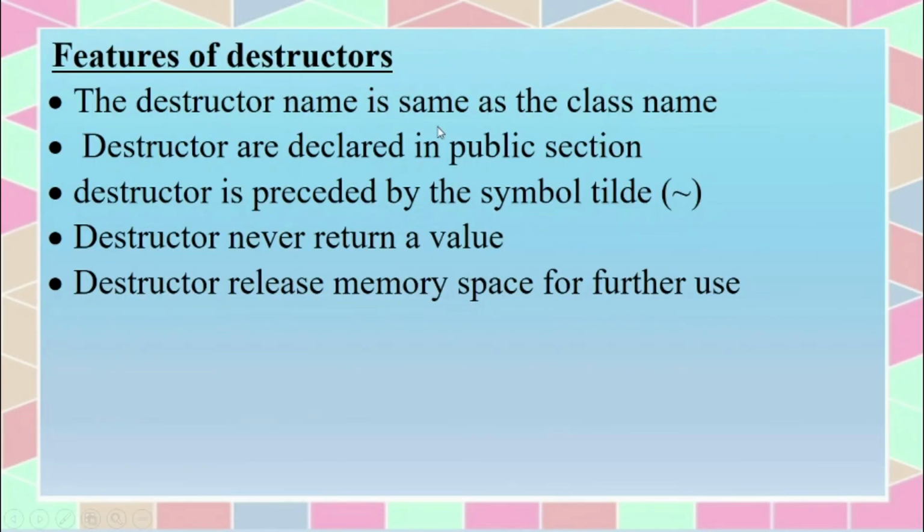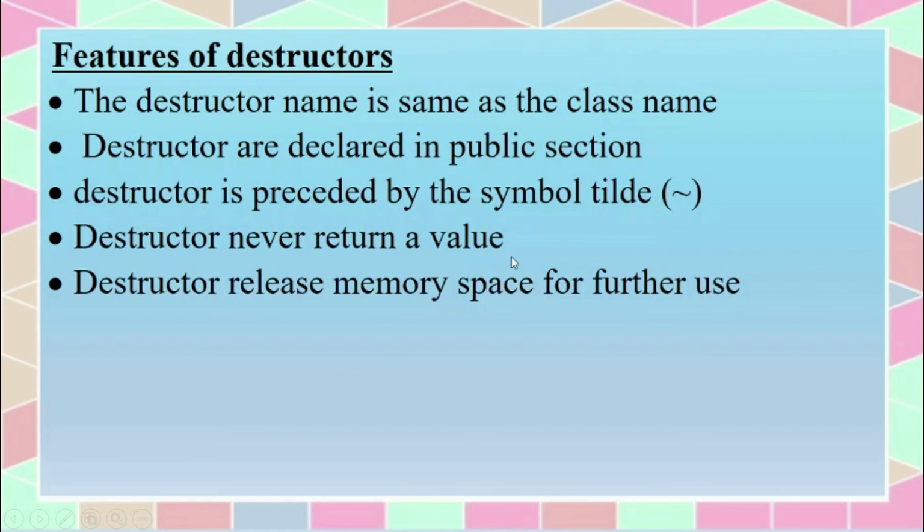The destructor name is the same as the class name. We have already seen that the class name and destructor name should be the same. Destructors are declared in the public section of the program. That also you have seen, we are declaring under the public declaration. Then the destructor is preceded by the symbol tilde. So before the destructor member function, you should use this operator tilde.